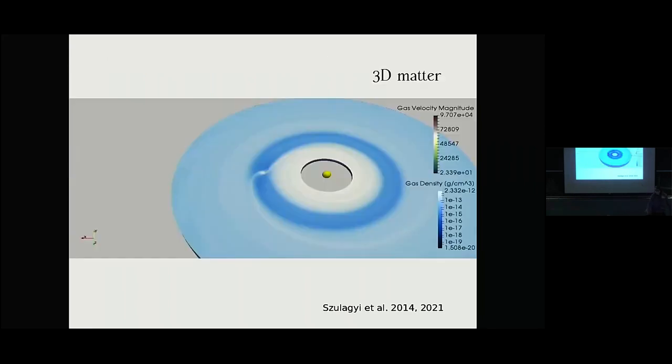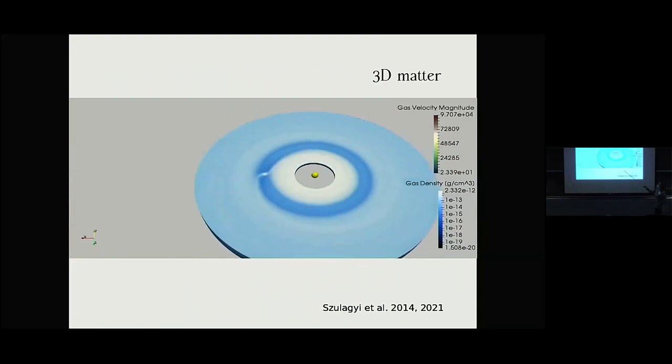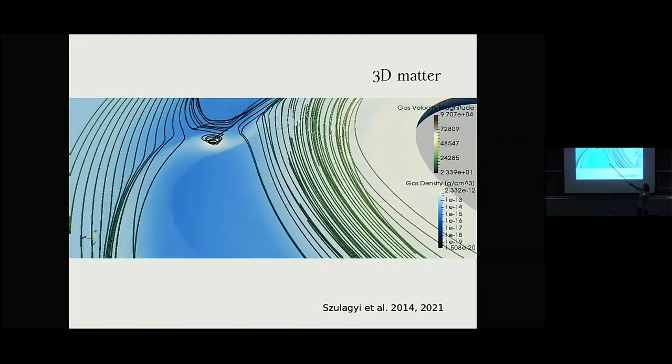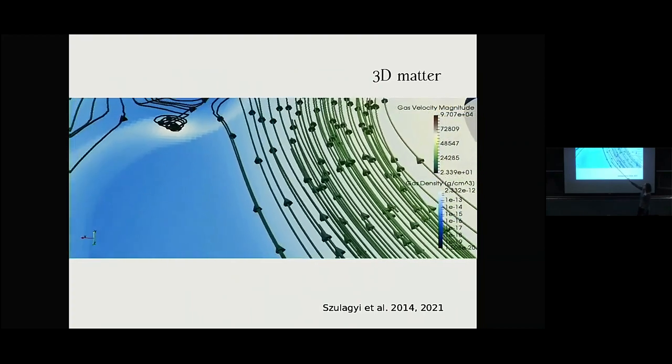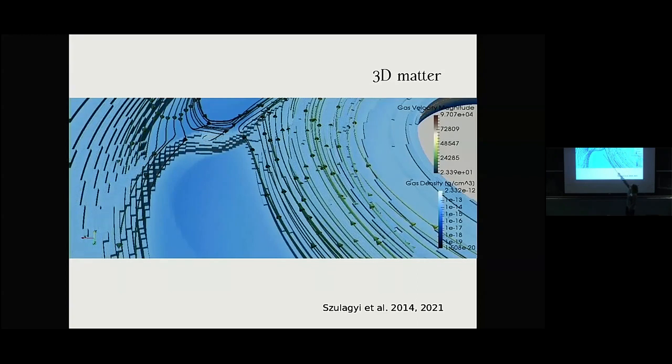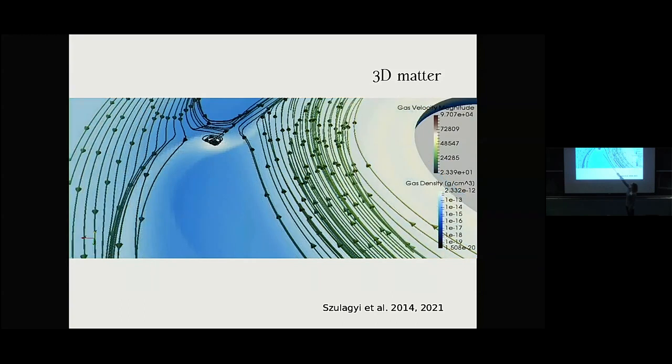I can show you this better with a movie, a 3D movie. So again, here is the planet. And the gas is coming in, going to encounter the spiral wake, therefore losing angular momentum, and could spiral down to the planet directly.